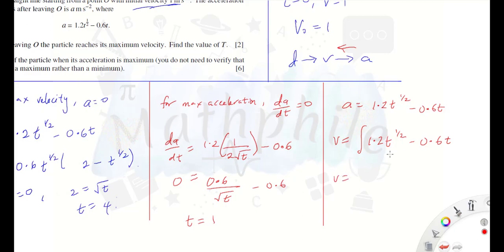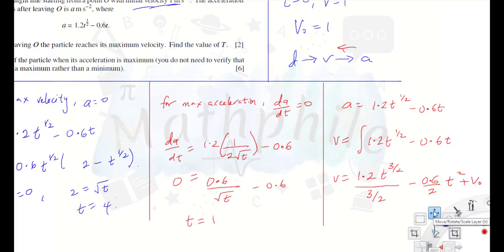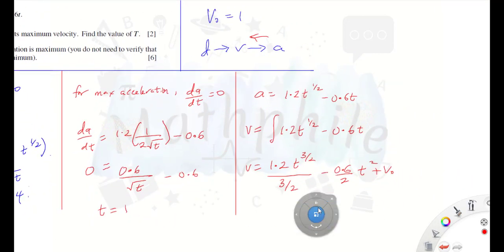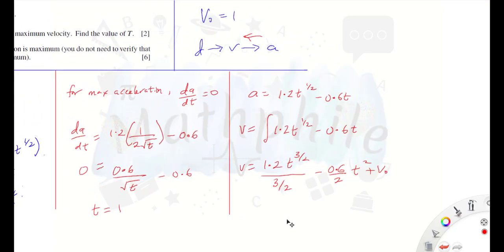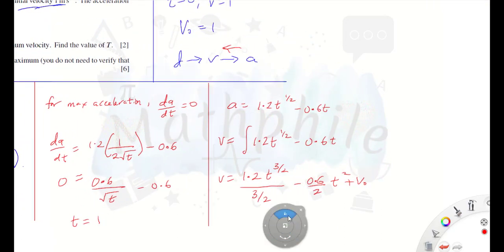With this, you get v equal to 1.2 t^(3/2) over 3/2, minus 0.6 over 2 t squared, plus v naught, the initial velocity, because this is not a definite integral question, so we need to add the constant of integration.